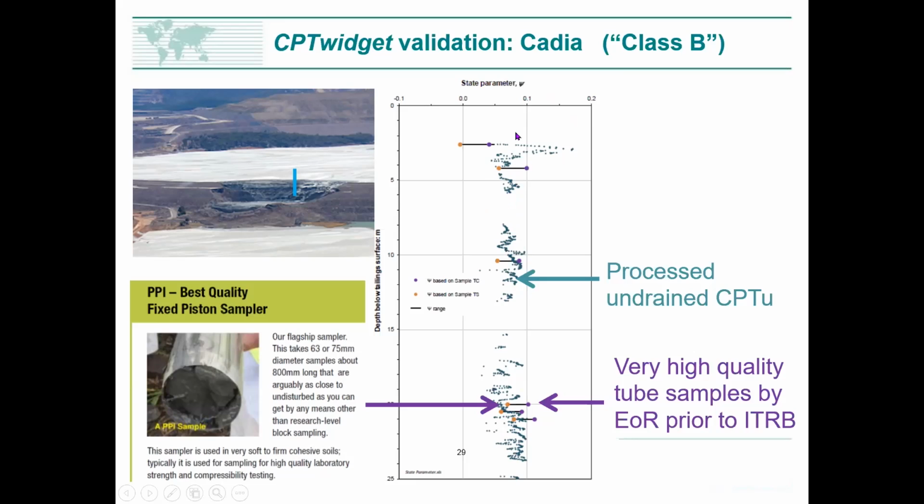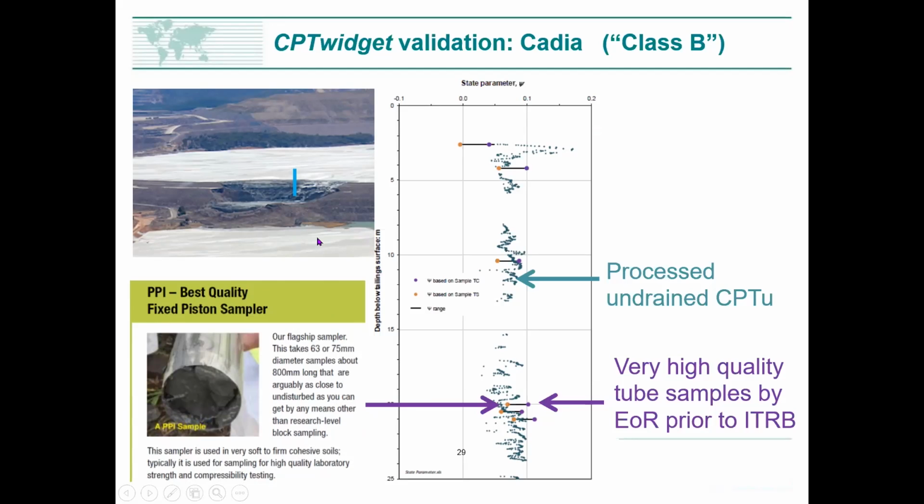Now, the engineer of record of this dam, ATC Williams, bless them, had done some very high quality piston sampling at the same time they were doing the CPT soundings. You can see the sample down here. You can see our flagship sampler and the blurb around how good it was.